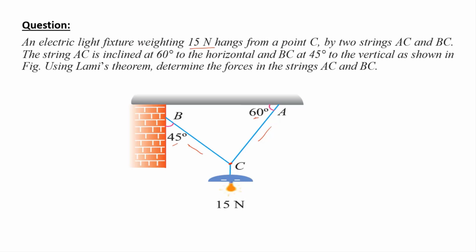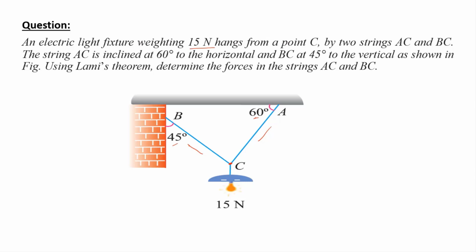As the whole system is in equilibrium, which means the system is not moving anywhere, it is at rest, we can say that this is an equilibrium system. Let's draw the free body diagram of this electric fixture and see the forces acting on it.